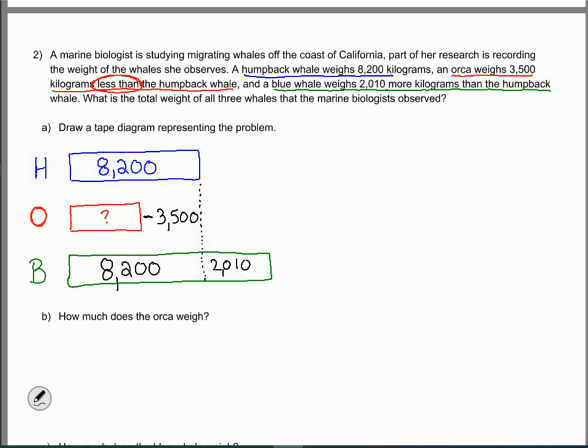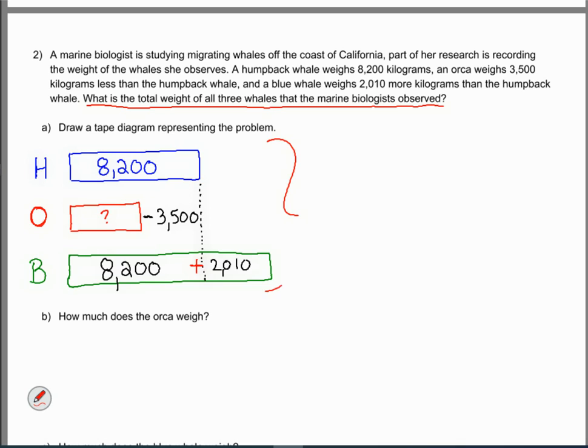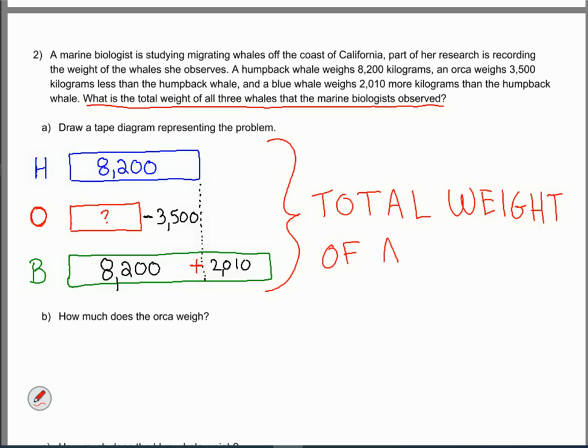So together, that gives us what the blue whale weighs, which is an addition problem, right? And I believe they're asking us that question, kind of like the other side. What is the total weight of all three whales? So we're trying to figure out the total weight of all three whales.